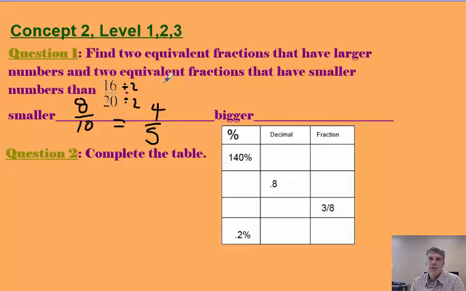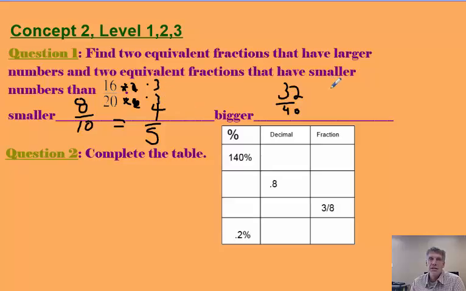How about bigger ones? Well, instead of dividing by 2, I'm going to multiply top and bottom by 2. So 16 times 2 is 32. 20 times 2 is 40. So that's equivalent to 16/20. What about a 3? What if I multiply top and bottom by 3?